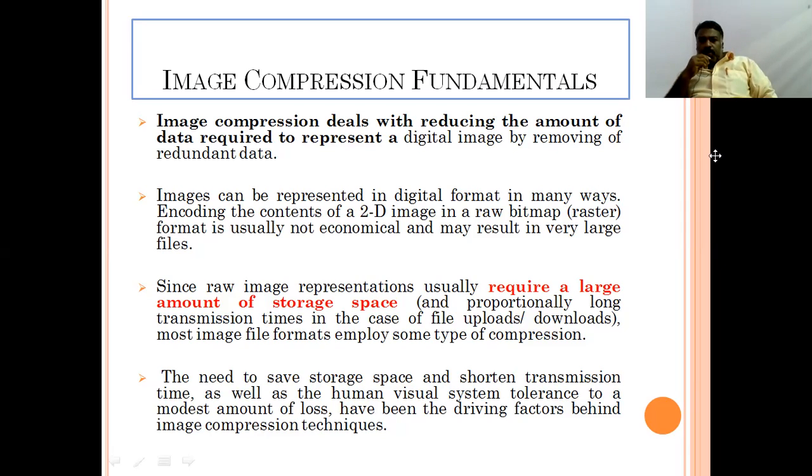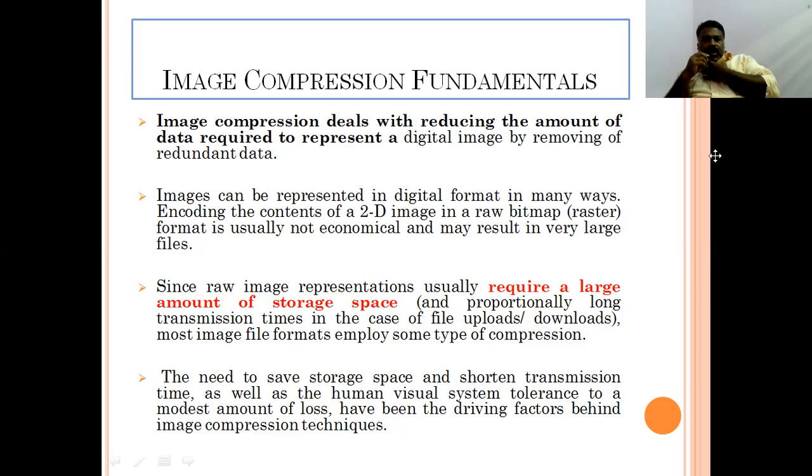Suppose the error rate is above the standard error, then we go for remedial action to restore the original image, or we ignore that transmission.